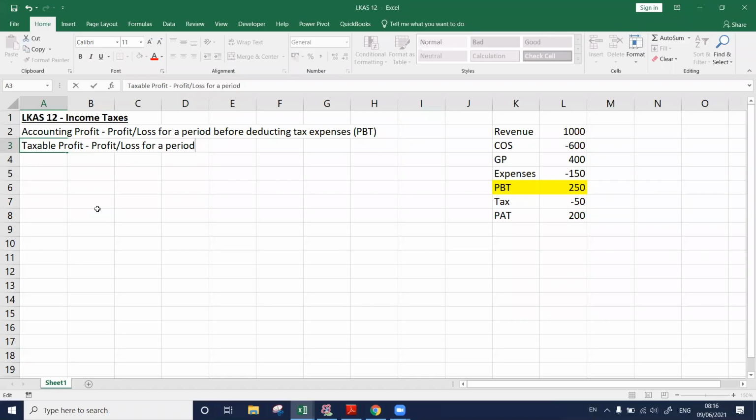Profit or loss for a period determined in accordance with the rules established by taxation authorities, right?